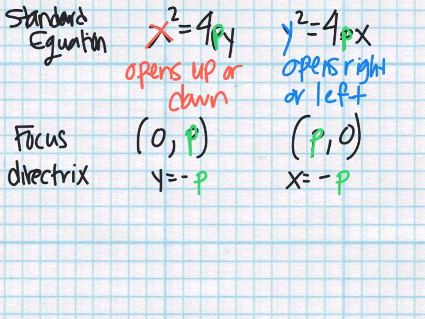The axis of symmetry. For our up and down one, it is just the y-axis. For the left and right one, it is the x-axis. This is only true because the vertex of this is 0, 0. Okay, focal length.